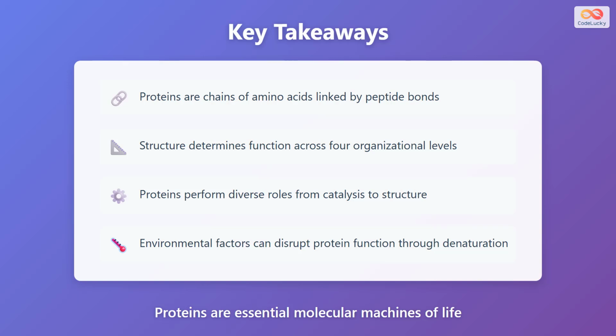Fourth, environmental factors such as temperature and pH can disrupt protein function through a process called denaturation. In summary, proteins are essential molecular machines that make life possible. Understanding how they're built and how they work is fundamental to understanding biochemistry and biology as a whole.